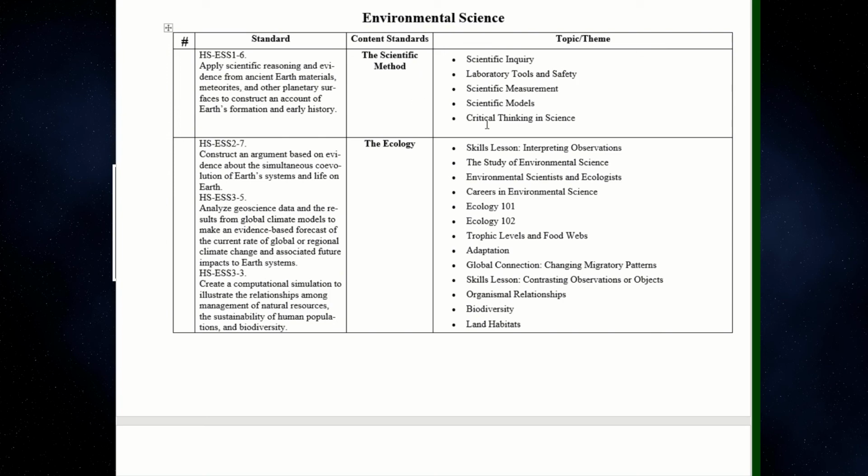So when you teach in the classroom, you should be sure that after teaching these topics, students will be able to understand this standard: apply scientific reasoning and evidence. Similarly for the other standards of ecology, biosphere and the rest.